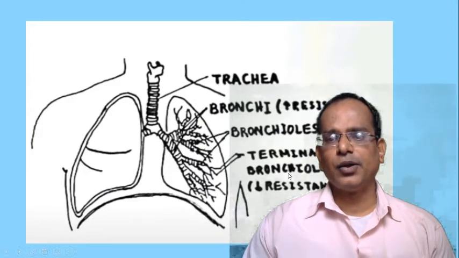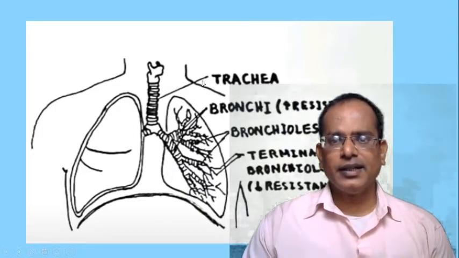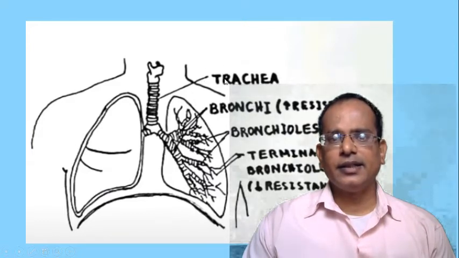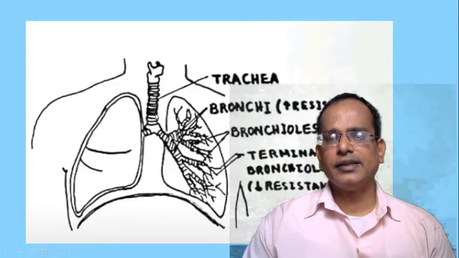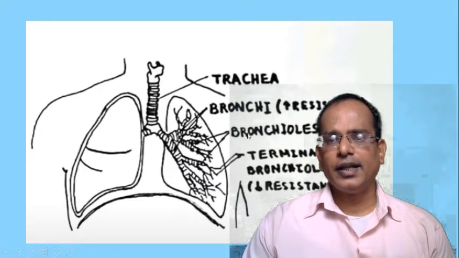That means airflow in the trachea is lower, in the bronchi it is moderate, in the bronchioles it is higher, and in the terminal bronchioles it is very high. So we can say that in the trachea the airflow is less, in the bronchi it is moderate, in the bronchioles it is increased, and in the terminal bronchioles the airflow is high.